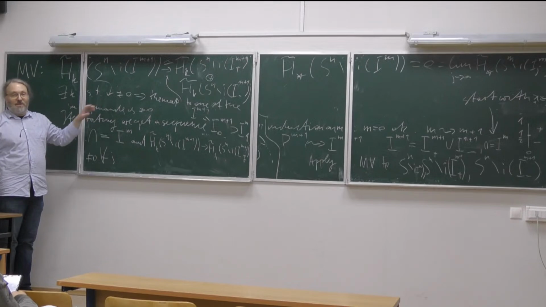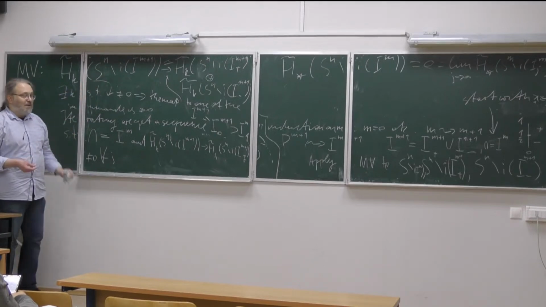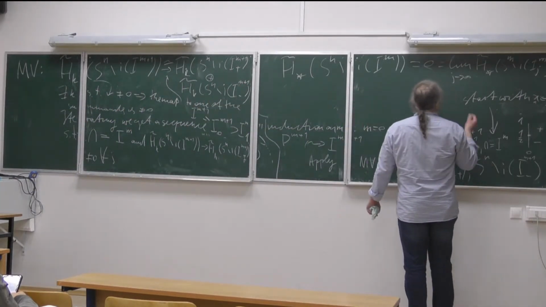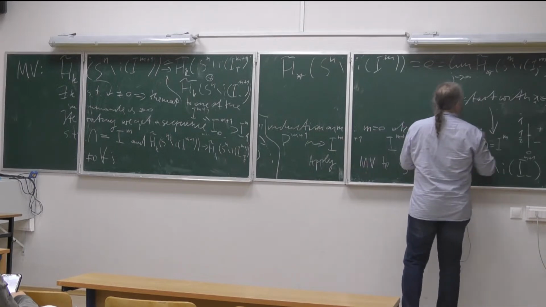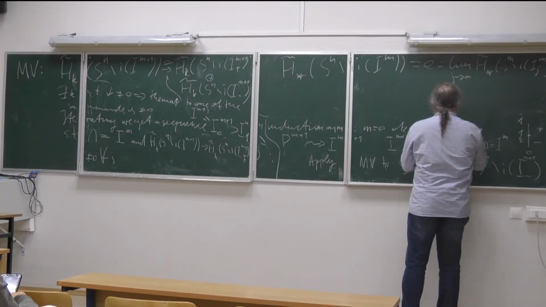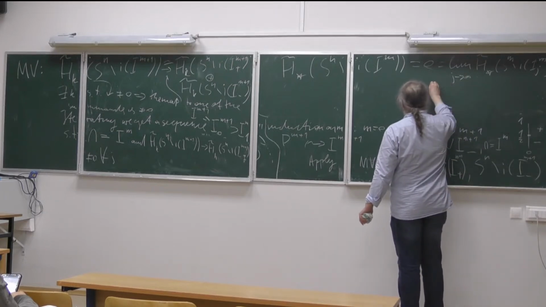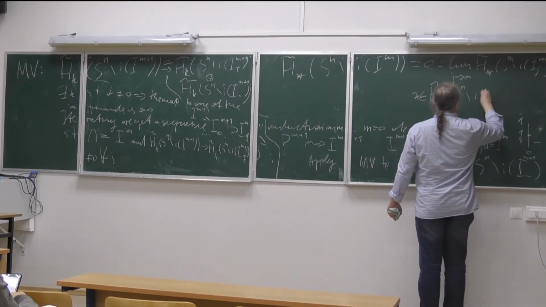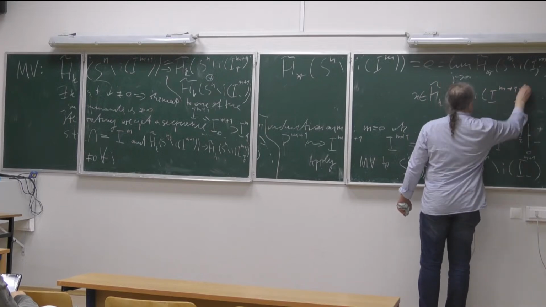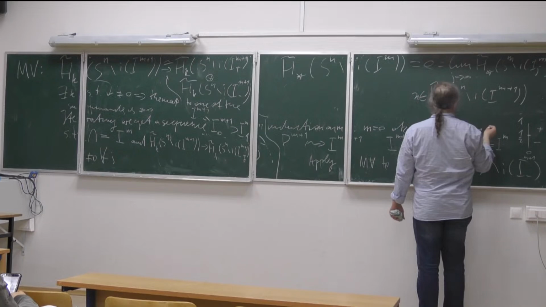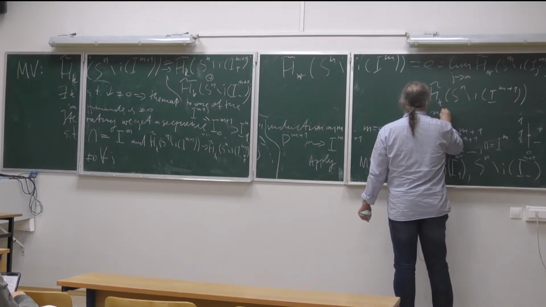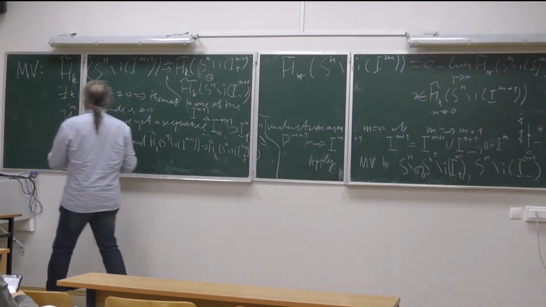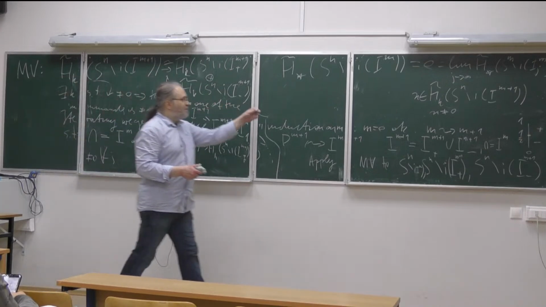But just in case, let's say it for the public on the other end of the screen. So what happens? We take an x in some Hk of Sn minus I n plus 1. Let's suppose there is a k, there is an x which is non-zero.